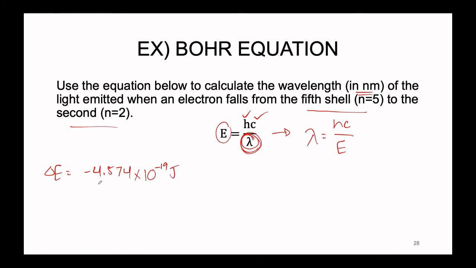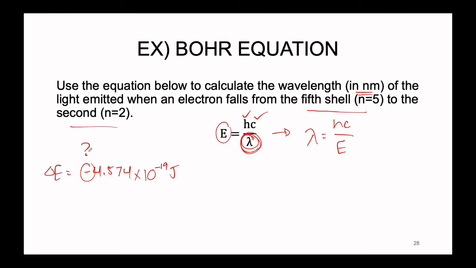So if we take this E and plug it into our equation, we may have observed a little bit of an issue, where this E is negative, and wavelengths can't be negative. So what do we do about this? Well, it's sort of unwritten in this equation, but here's how we get around this.